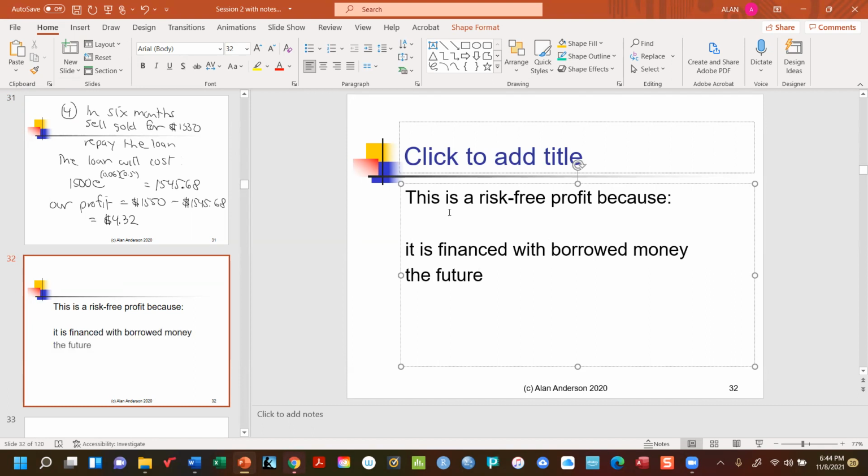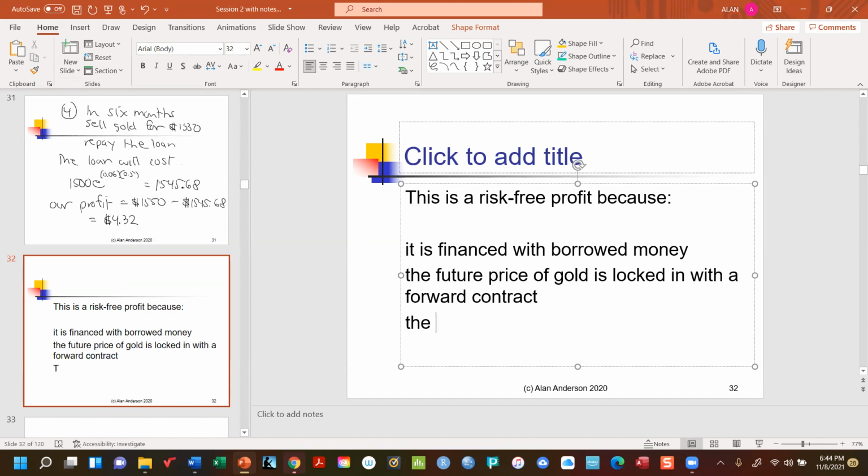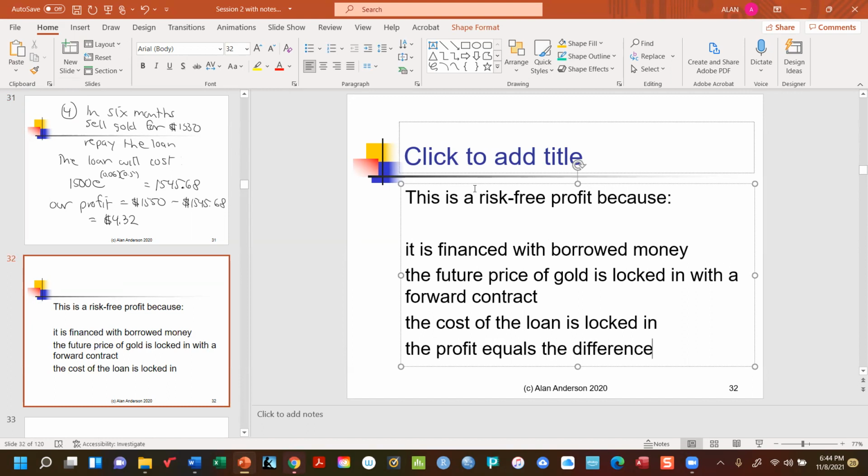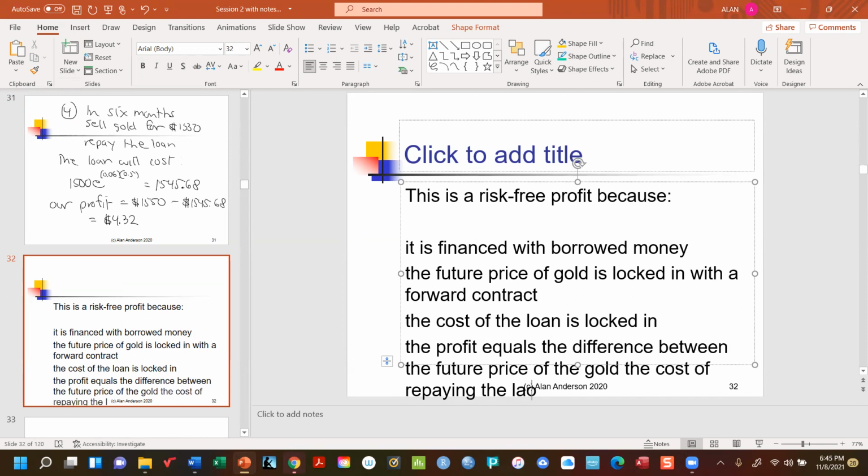The future price of gold is locked in with a forward contract. The cost of the loan is locked in. And so the profit equals the difference between the future price of the gold and the cost of repaying the loan. And it's guaranteed. We're done.